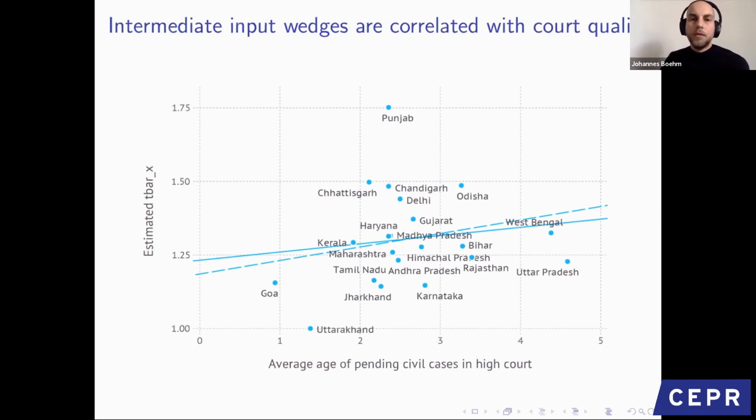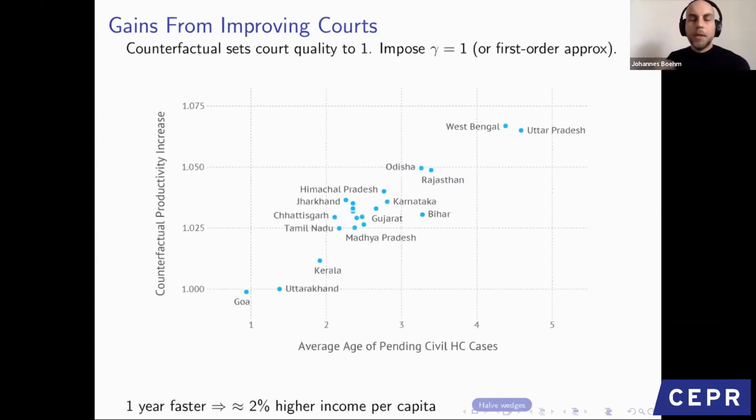And then once we calibrate a few more parameters, we can do these counterfactuals where we reduce the enforcement frictions to the level enjoyed by the best state. And we calculate how much aggregate productivity in each of those states increases. And effectively, that's this plot here. So it's somewhere between 0 for the best state and 7% roughly for the slowest state. Okay. So something in that order of magnitude.